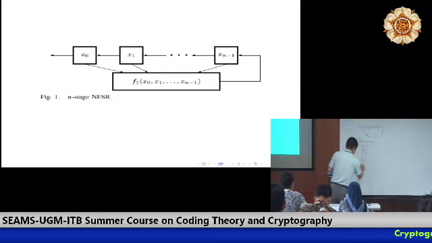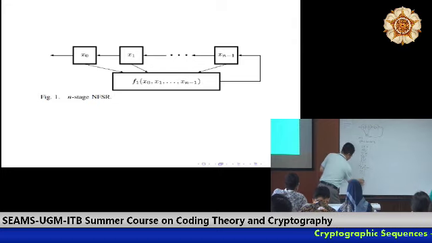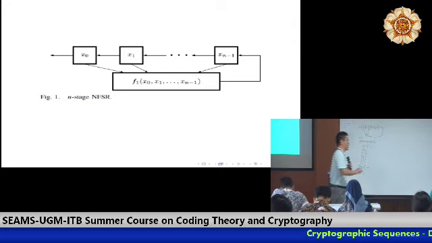Next will be 1, 1, and 1 plus 1 is 0. Next will be 1, 0, 0, then 0, 0, 1, then it will repeat, again 0, 1, 0, like that. It will continue infinitely. So it's very simple.